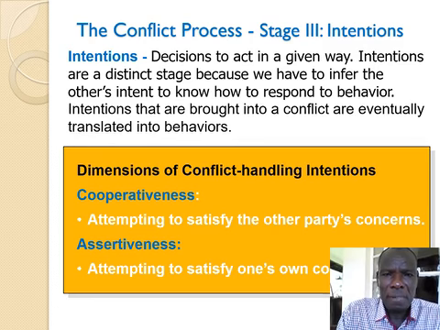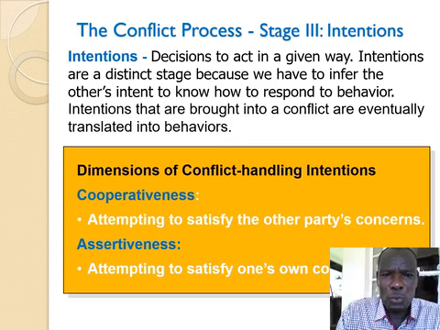So there are dimensions of the conflict handling intentions, and we're going to look at majorly cooperativeness, which is an attempt to satisfy the other party's concerns. And then there is assertiveness, which is an attempt to satisfy one's own position.